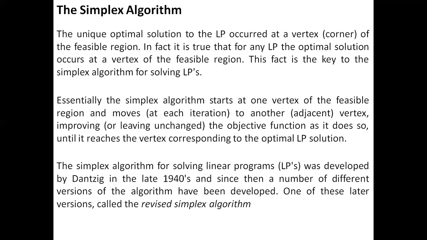The simplex algorithm starts at one vertex of the feasible region, and at each iteration, here iteration specifies that for each and every equation based on the constraint values, that is x1 y1, x2 y2, x3 y3, each set of constraint values has one vertex point.